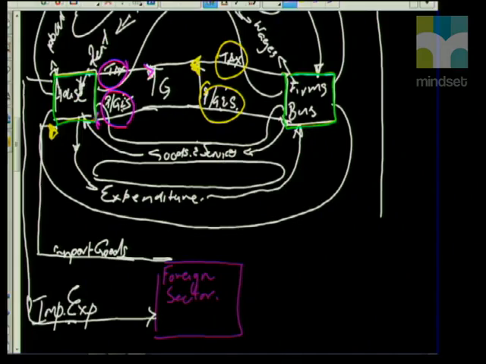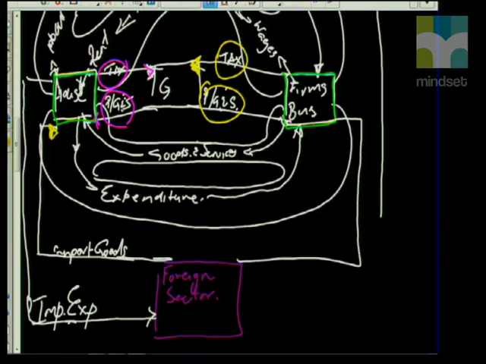Same applies to the firms. The firms are doing the same thing. They will start buying goods from foreign countries. And when you buy from foreign countries, we have a special name for that. We say you are importing goods.